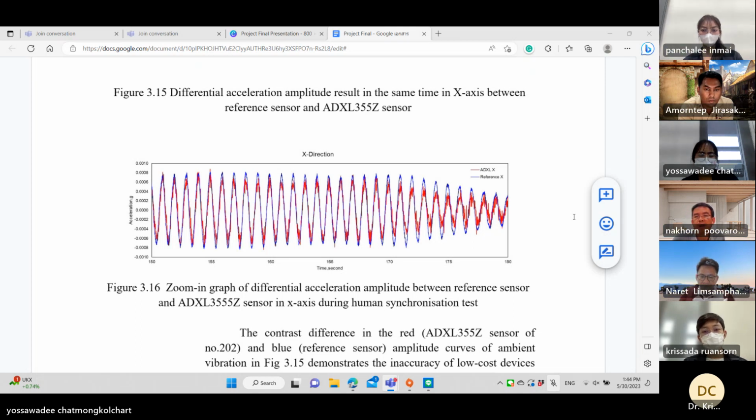Okay. Ajahn Amontep, what about the accuracy? You can comment about it. I have many cases where I made a comparison between the reference sensor and the low-cost sensor, and the results show that the accuracy, both of the amplitude of the time history and the amplitude in the frequency domain, is quite similar between the two sensors in many cases.